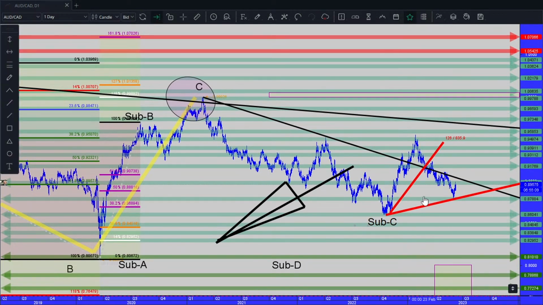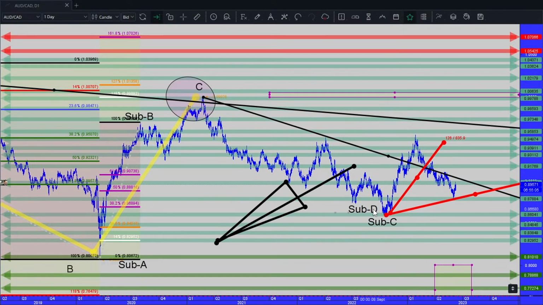Can you see it, everybody? And our sub D, of course. Now it didn't touch the orange, so it's up in here, right?